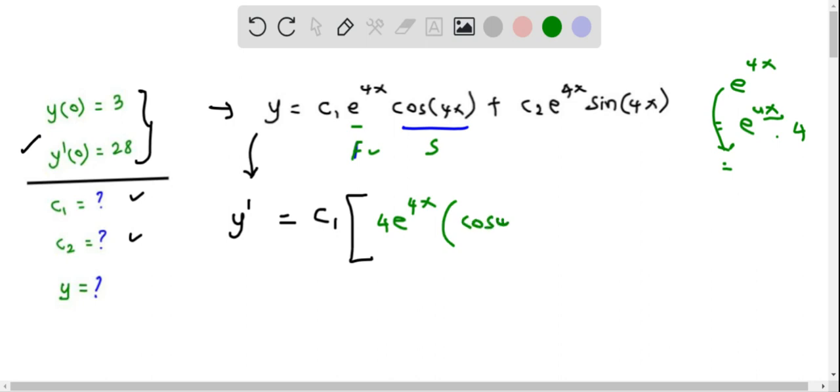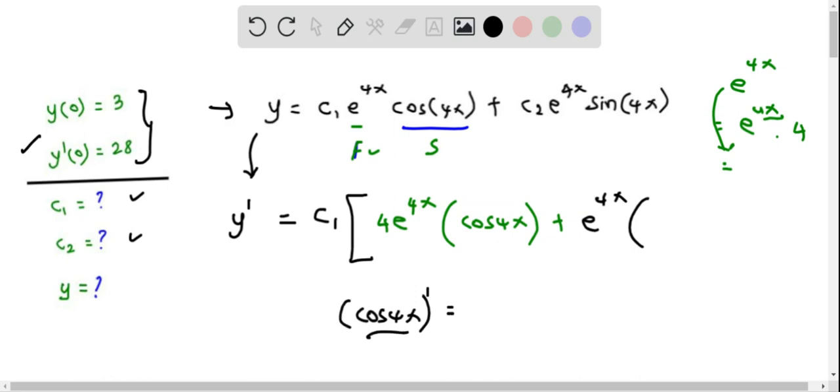So I write down the second function as it is, plus now we put the first function as it is, that is e raised to the power of 4x times the derivative of cos of 4x. We can find the derivative of cos of 4x by applying the chain rule. So first find the derivative of cos 4x. This is negative sine 4x, and then multiply with the derivative of 4x.